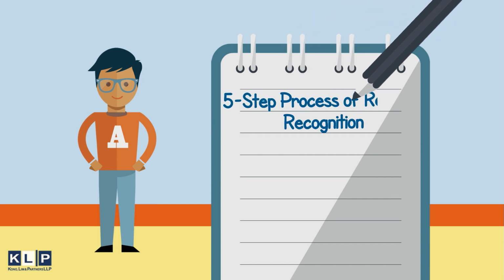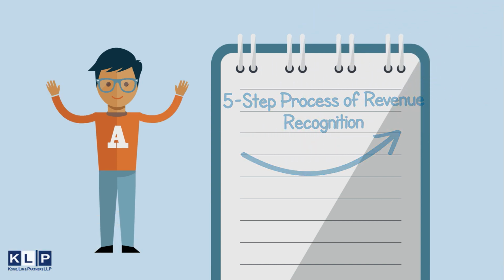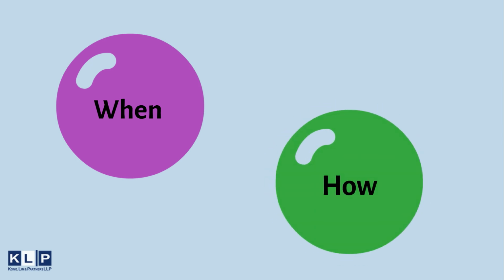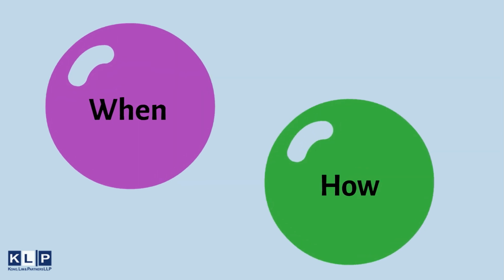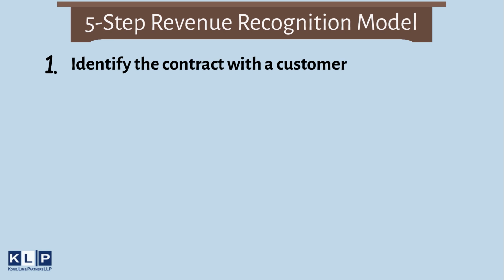Once that is understood, it brings us to the 5-step process of revenue recognition. Going through this 5-step model will help you answer the question of when and how to recognize revenue under the IFRS 15 standard. Let us go through what these steps are. Step 1 is to identify the contract with the customer.